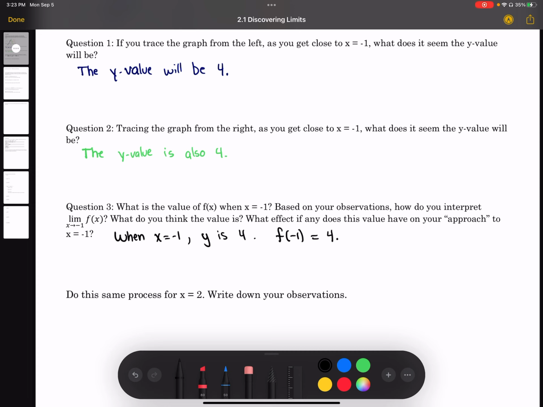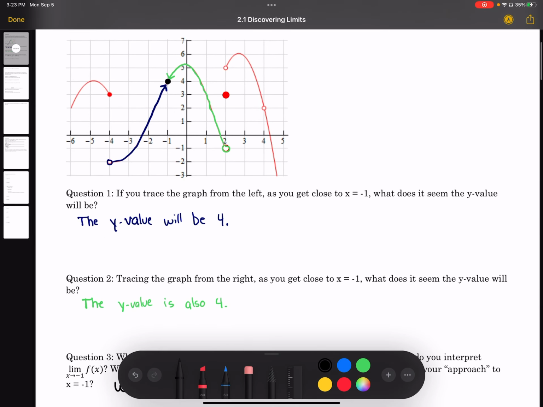And our question is, what effect, if any, does the approach to -1 have on the actual function value when x is -1? So again, if we trace from the left, it seemed like we were going to 4. If we traced from the right, it also seemed like we were going to 4. And then the actual value didn't seem to have any impact.